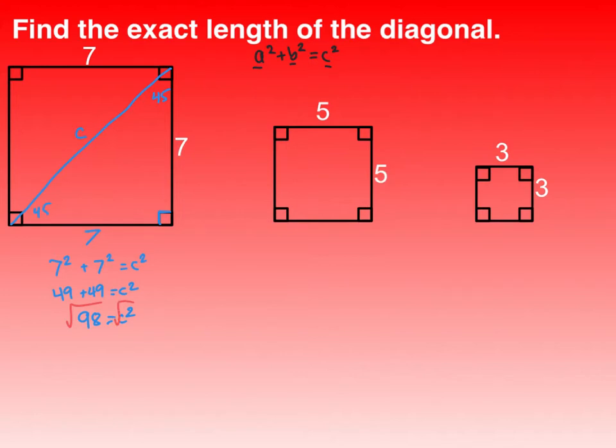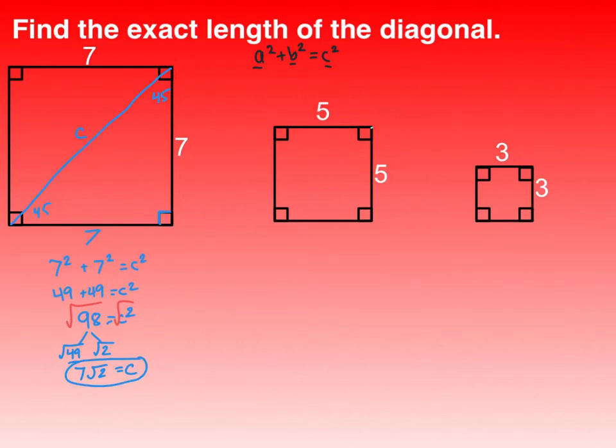I can simplify the square root of 98 because it has a perfect square of 49, and it's 2 of those, so the square root of 49 and the square root of 2 becomes 7 square root of 2. That is the exact value of the diagonal, 7 square root of 2.